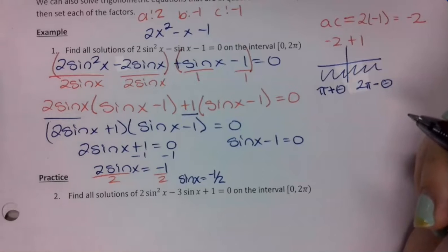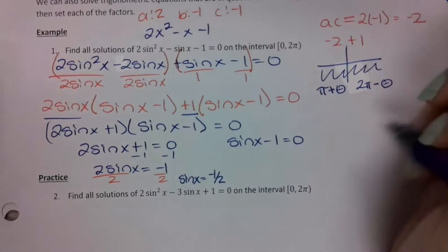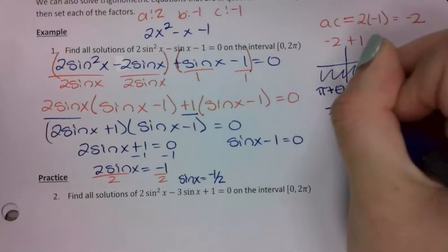what does it get me? I'm undoing reference angles. So that's why I'm doing the opposite operation here. So this is going to give me 7 pi over 6.